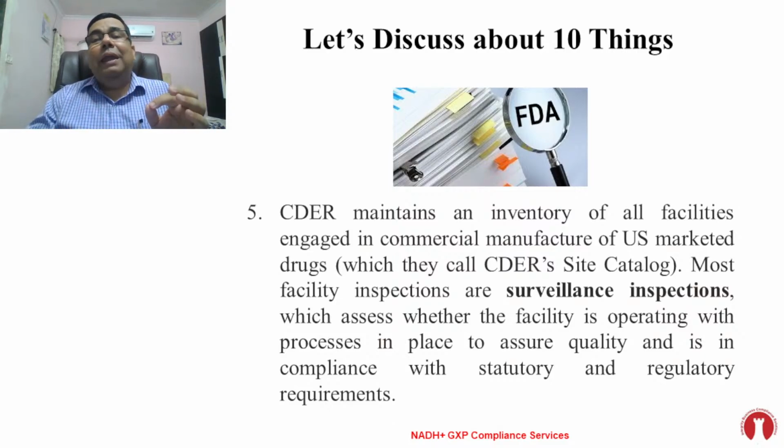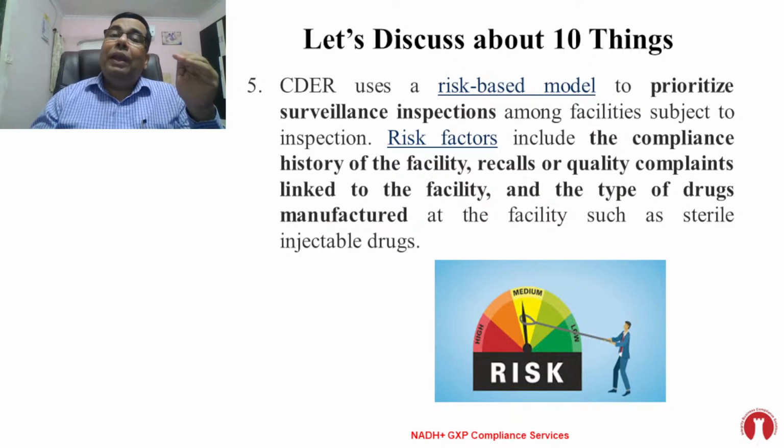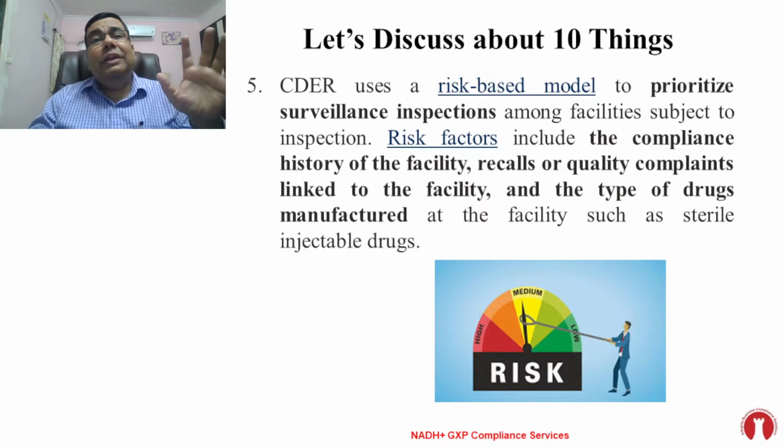So most of the time there will be surveillance inspection, but this is not always the case. These surveillance inspections are also based on risk. So the point is, when you submit the application, whether it needs to be approved prior to the inspection or after, or can be approved without inspection, that decision is taken based on the risk-based approach, right?